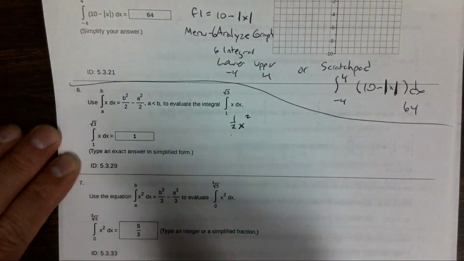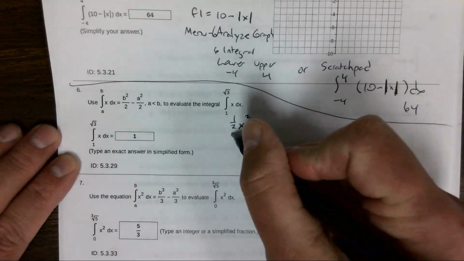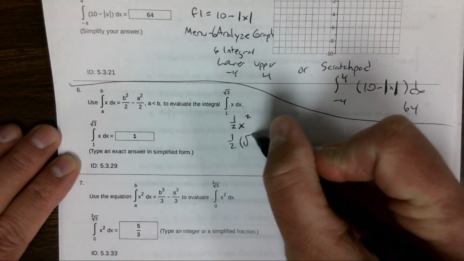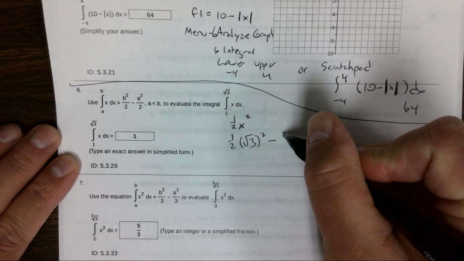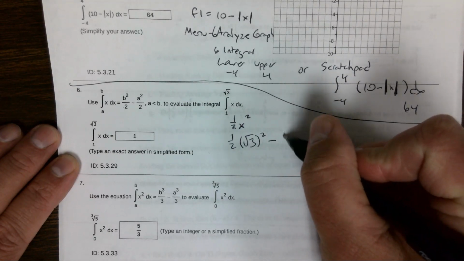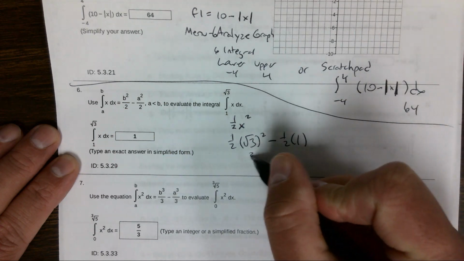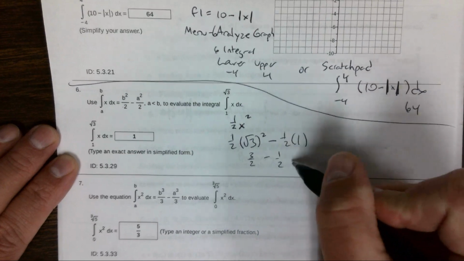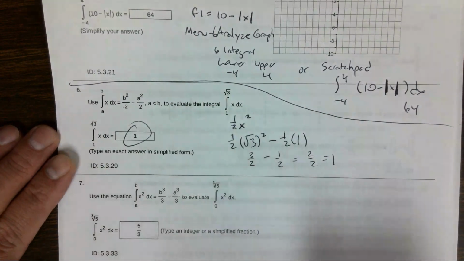And we're doing that from 1 to square root of 3, and so that means you're going to have a half square root of 3 squared minus a half 1. So you get 3 halves minus 1 halves, which is 2 halves, which is 1. And so that matches.